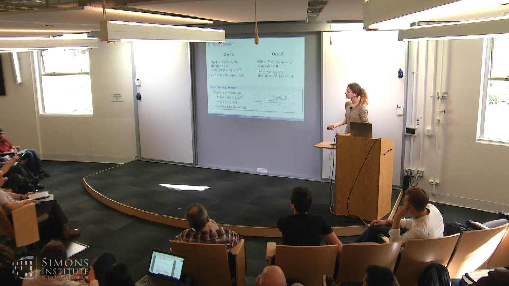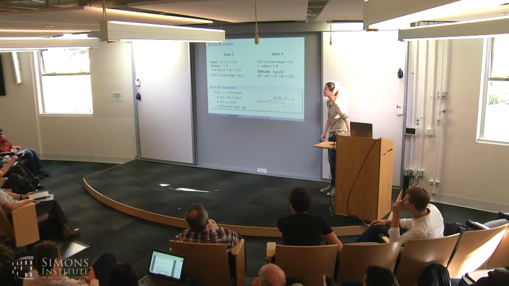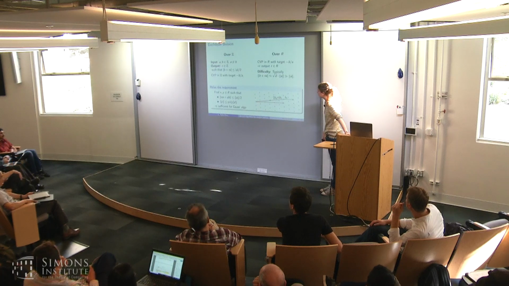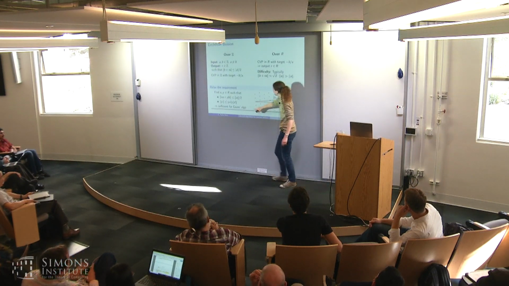So just one stupid thing: I guess the requirement is that maybe y is not 0. I mean, if I set x and y to 0, then this one should be non-zero.